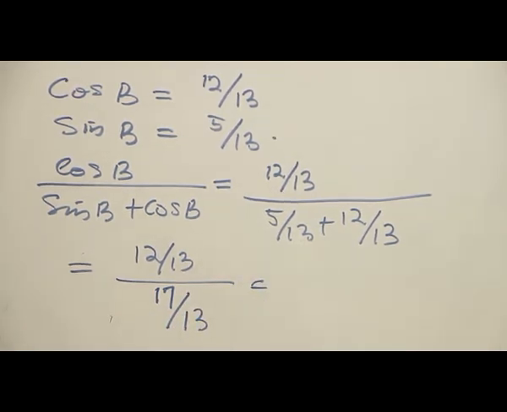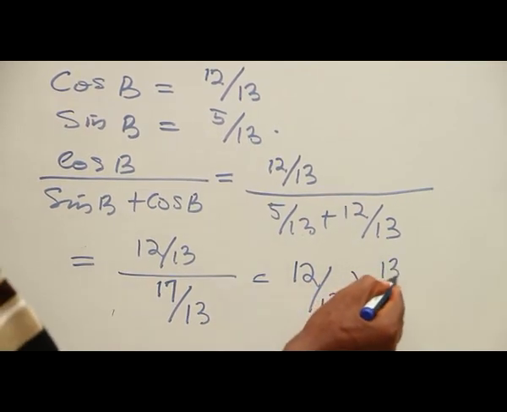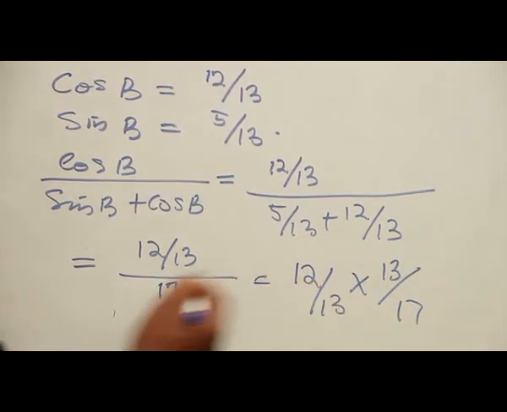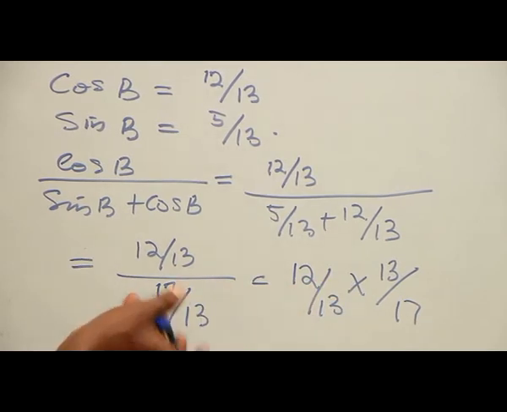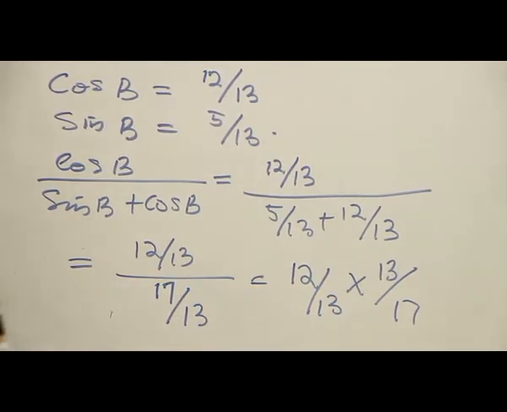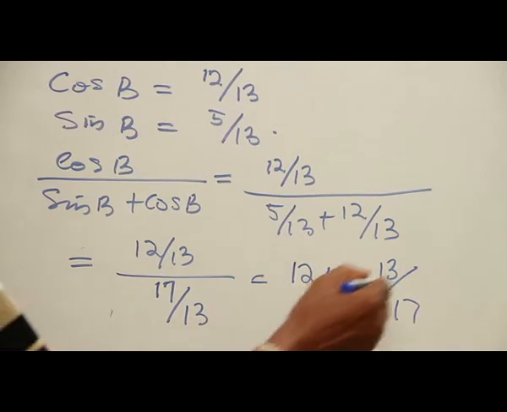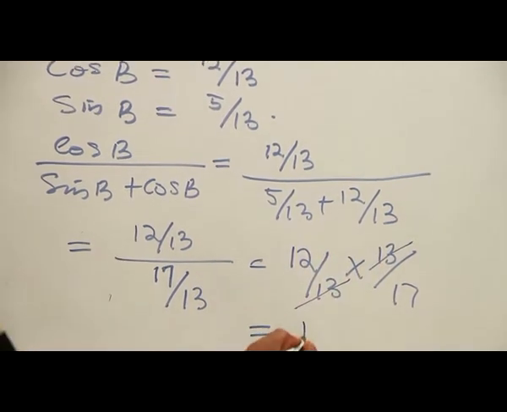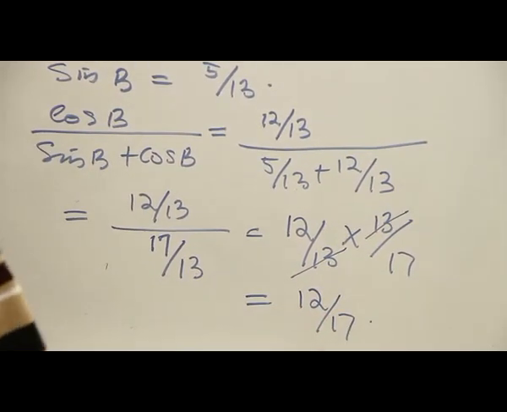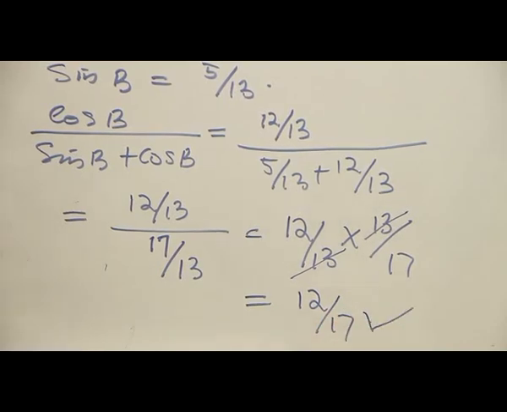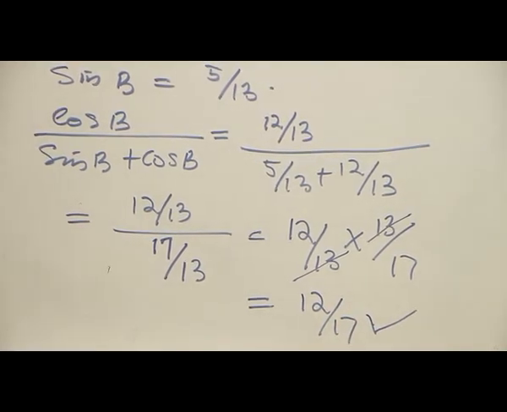And of course, this becomes 12 all over 13 times 13 all over 17. Division becomes multiplication, and you invert the element in the denominator. 13 and 13 will go, leaving you with the result 12 all over 17. And this is the solution to the problem.